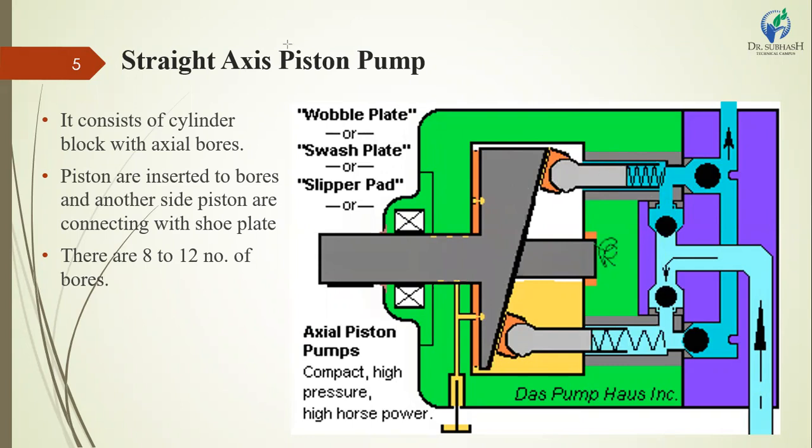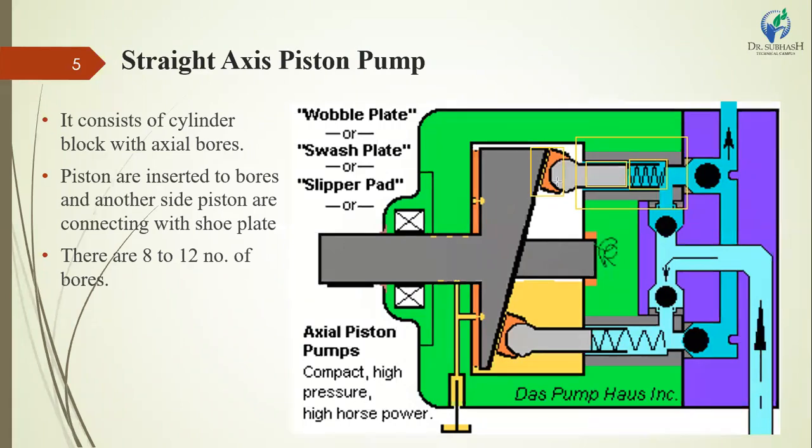This portion is called the bore area, which we also call the cylinder. This is called the piston, and this is called the spring, which gives the return to the piston. In a straight axis piston pump, the cylinder block is fitted onto the pump casing side.